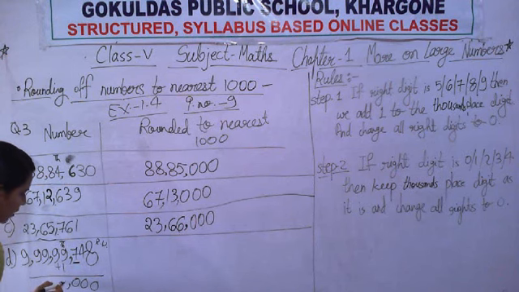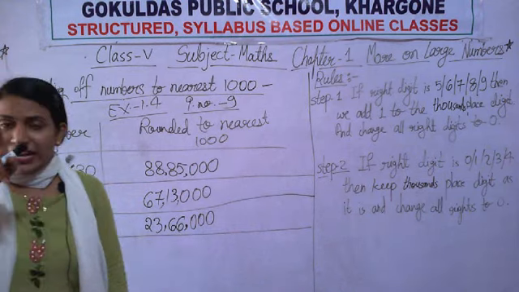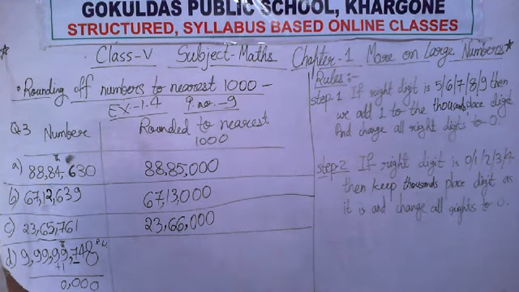Add 1. 9 plus 1, 10. You cannot write 2 digits at one place. Here you can write only 1 digit at one place. So 1 will carry forward. 9 plus 1, 10. Again 1 carry forward. Again 9 plus 1, 10, carrying forward each time.